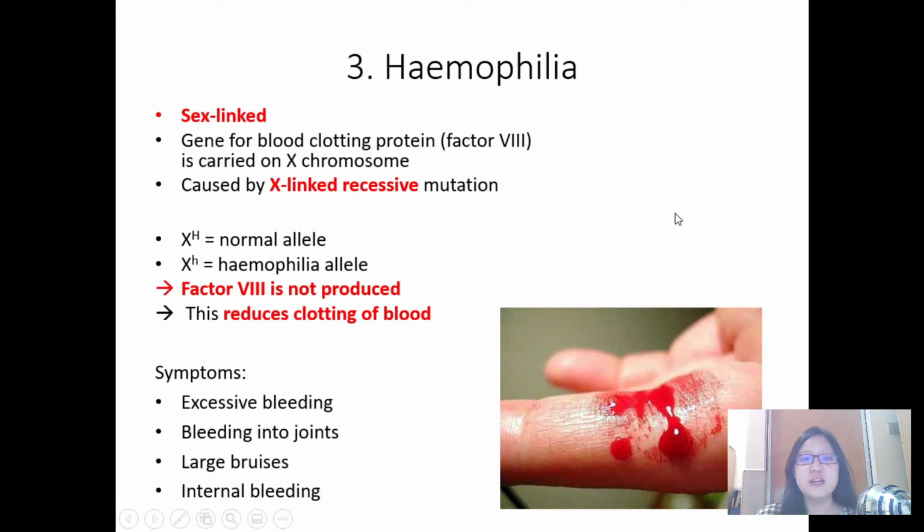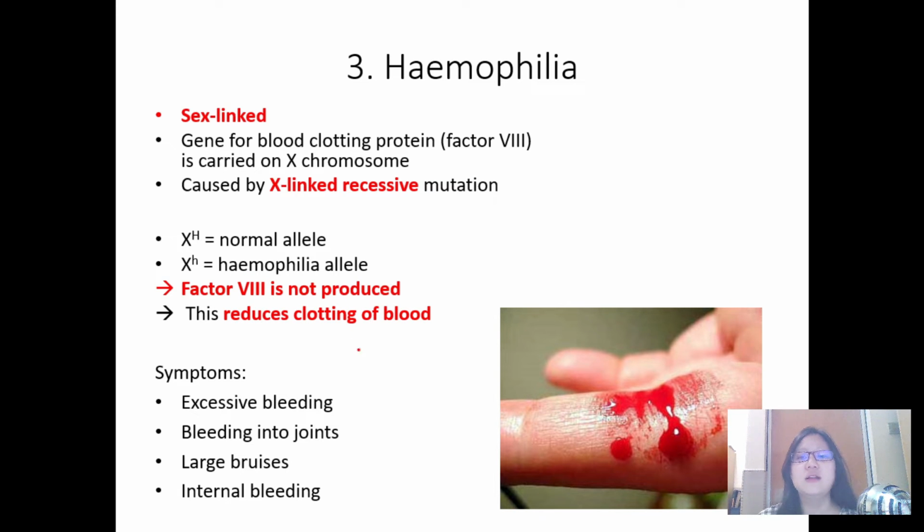Alright, disease number 3. Disease number 3 is haemophilia. Haemophilia is a sex-linked disease. Specifically, it is caused by X-linked recessive mutations. This means that the haemophilia allele here is X small h. And this actually causes factor 8 to be not produced. Factor 8 is involved in the clotting of blood.